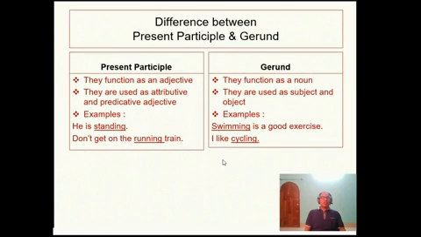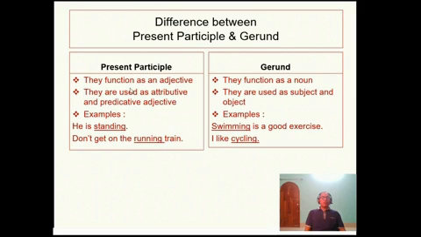In this slide, you find the difference between present participle and gerund. Dear students, you know present participle is a verb ending in ing and gerund is also a verb ending in ing. Then what is the difference? Let's discuss.